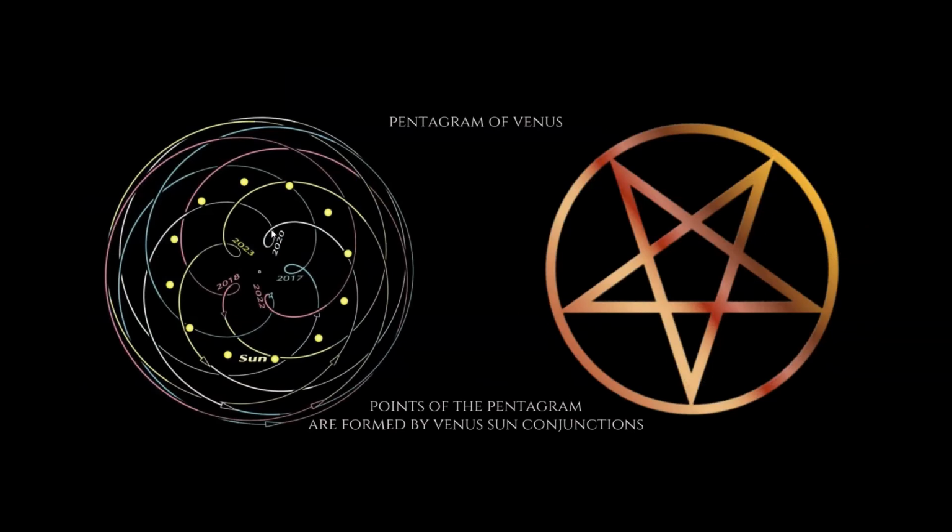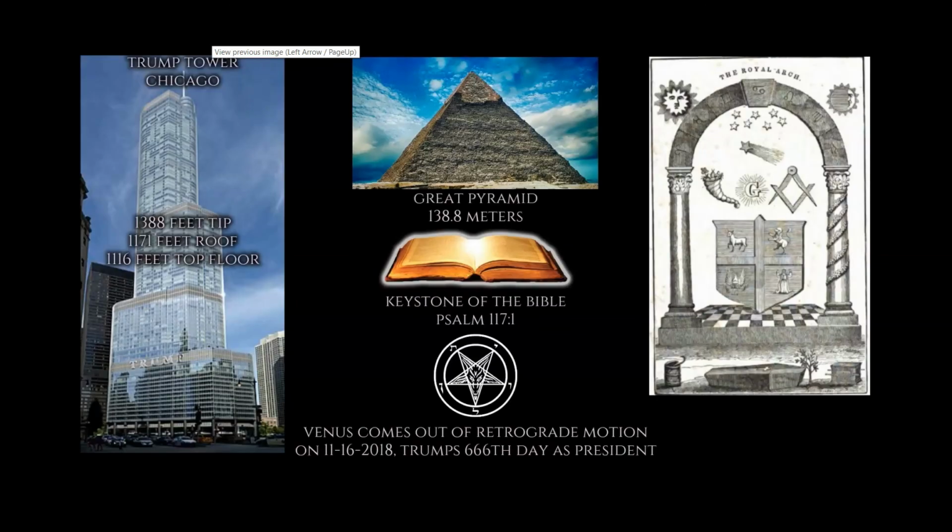And when Venus comes out of retrograde motion, if we look at the orbital path in relation to this pentagram of Venus, the orbital retrogrades form these petals, these interior petals here. Also, what's interesting, if we look at the Masonic arch, we have the Cancer, or the 6-9, at the top of the Royal Masonic Arch.